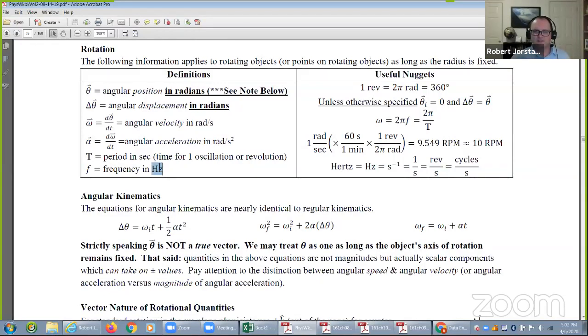So hertz is right here. These are all the different ways you might see hertz written. Hertz, seconds to the -1, or sometimes revolutions per second, or even cycles per second. Those are all the same thing as frequency. So watch out for this. There's frequency, F, and if you recall earlier, angular frequency was omega.